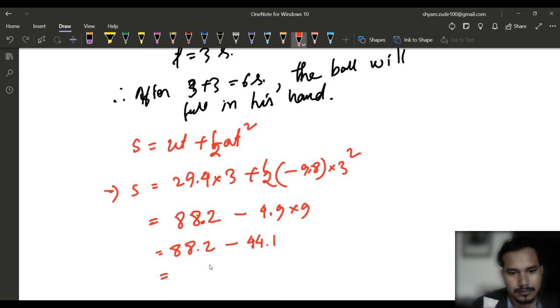So s is equal to 44.1 meter. So this is the answer.